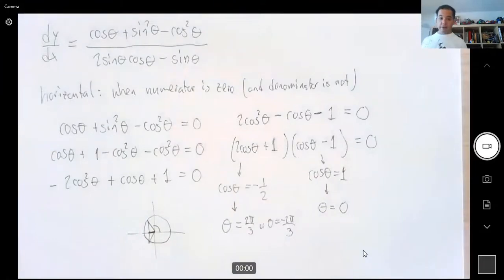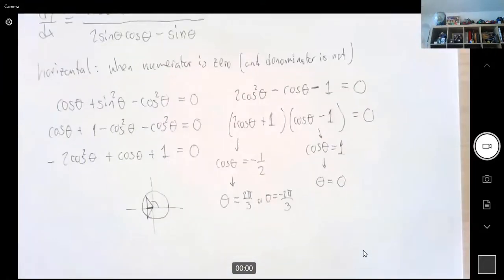All right. Next, the vertical tangent lines.